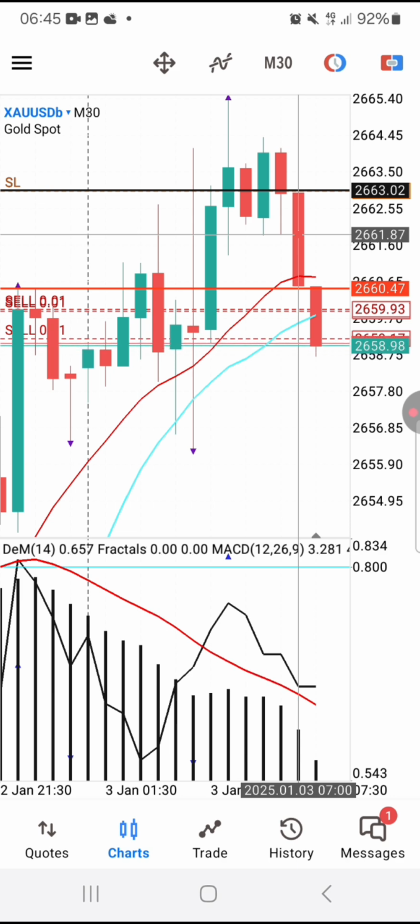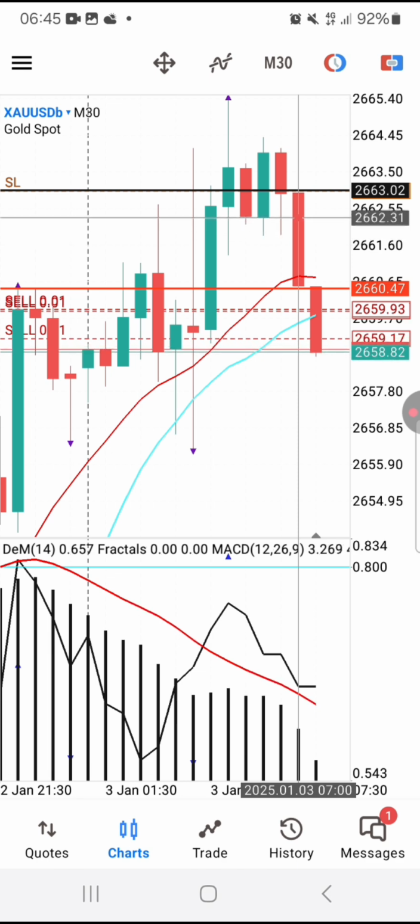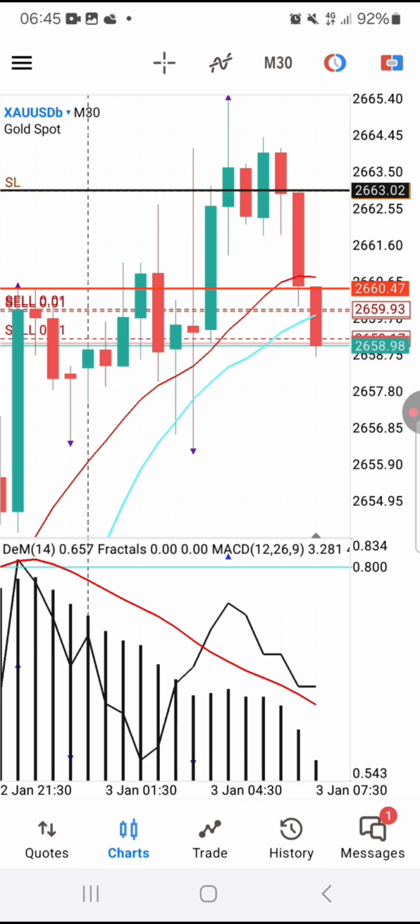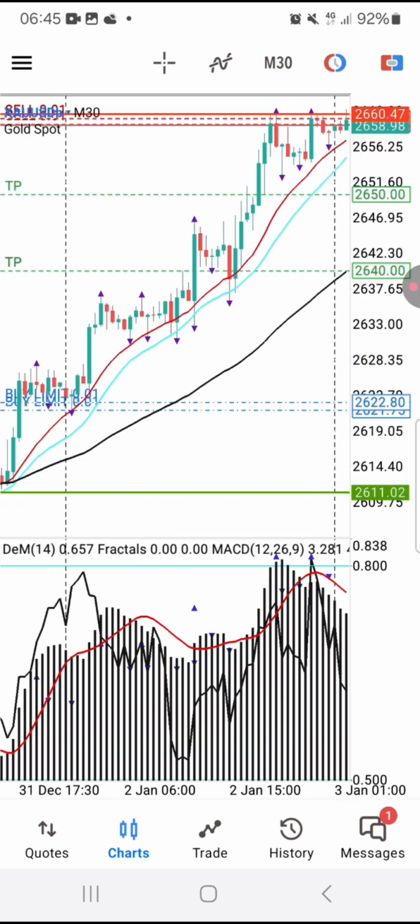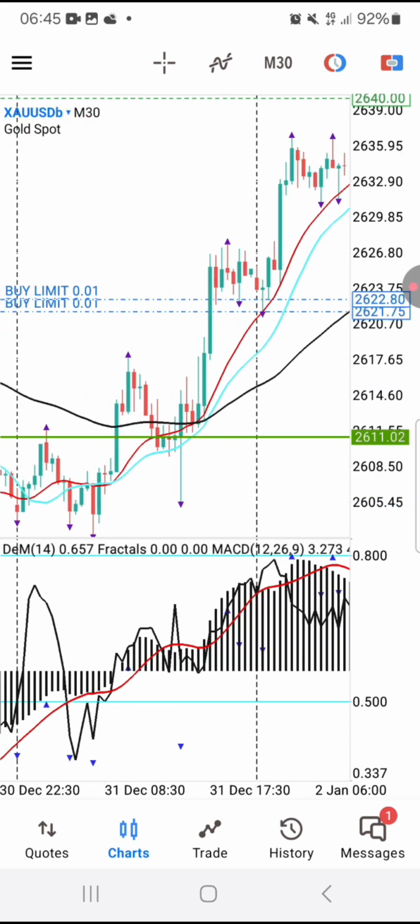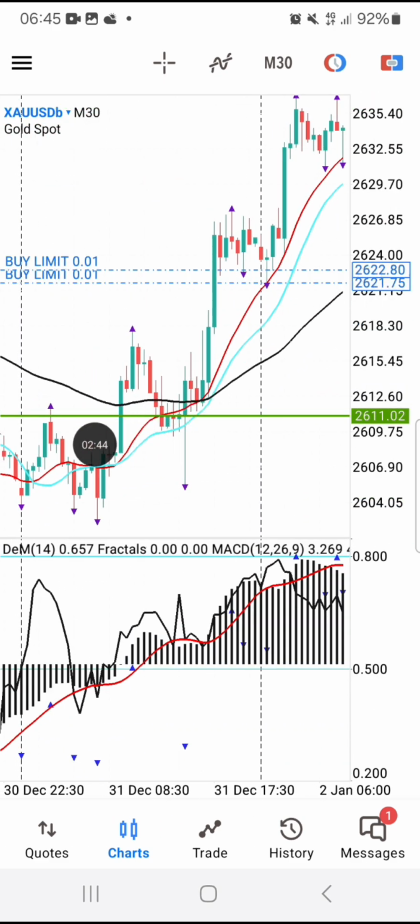So this is not an overall reversal. This is the precise candlestick that I'm always looking for. When you look at this place, it is the only candlestick that touched this red 20 moving average and closed below it right from the beginning of the trend.